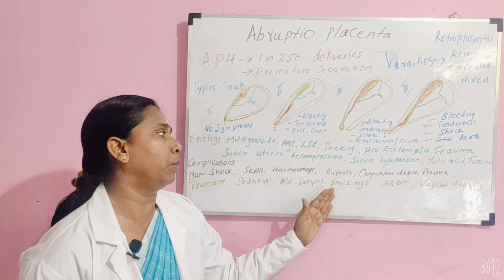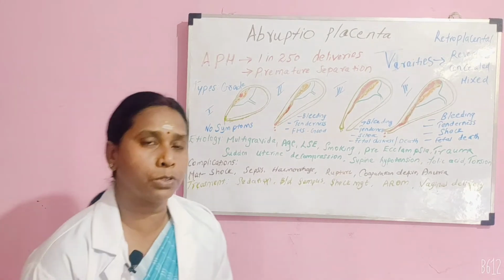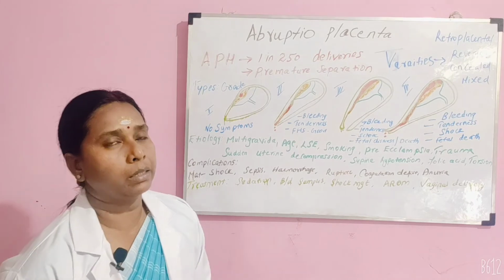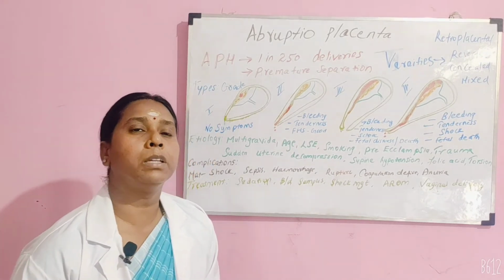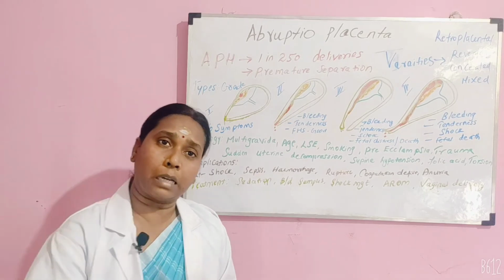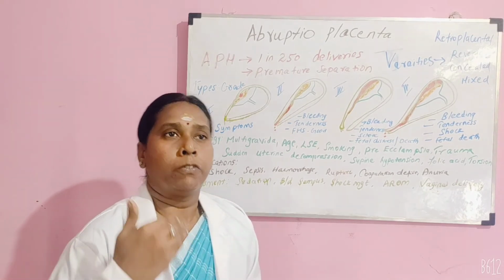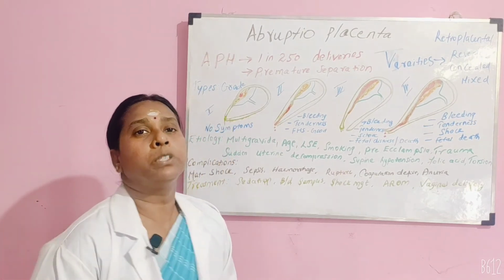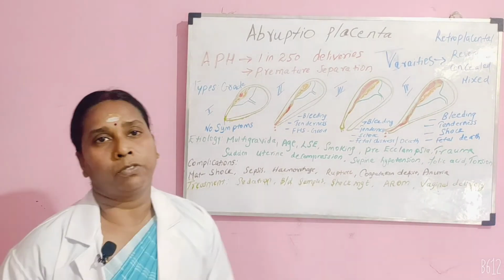And then we have rupture. Sometimes, if the labor is not proceeding in a normal way, or if you have started oxytocin and the stimulation of the uterus has taken place, it may lead to hyperstimulation of the uterus, which may cause rupture of the uterus.